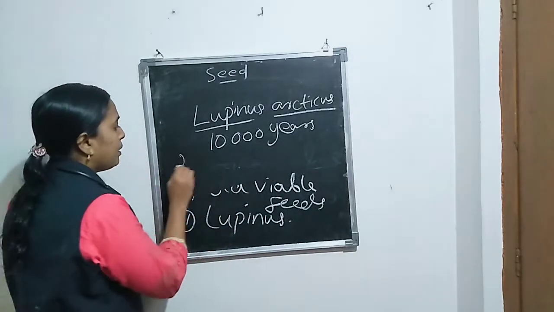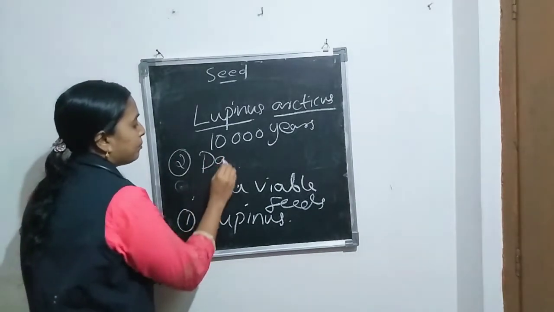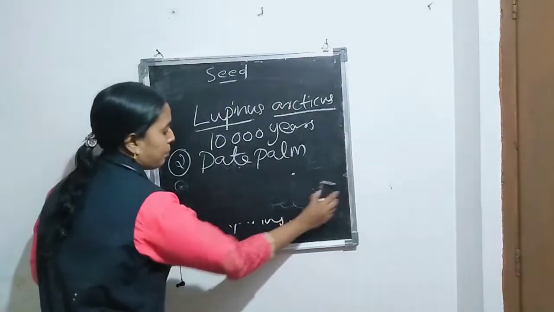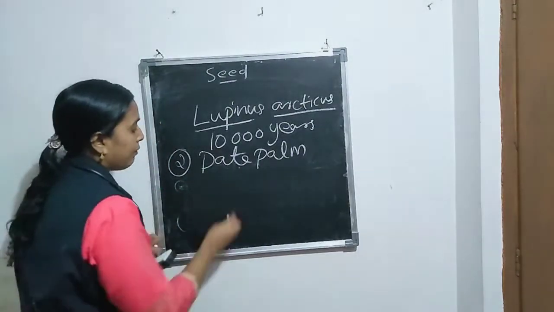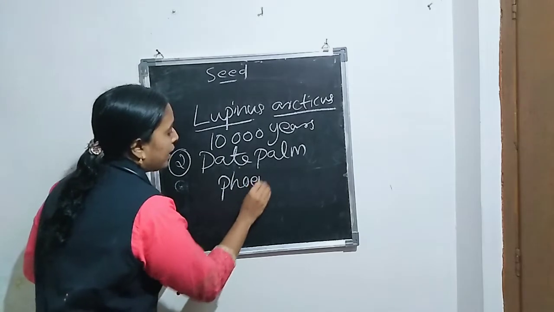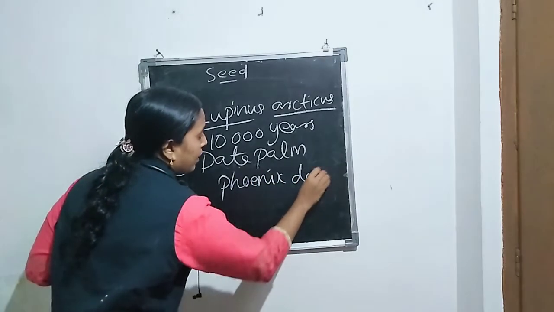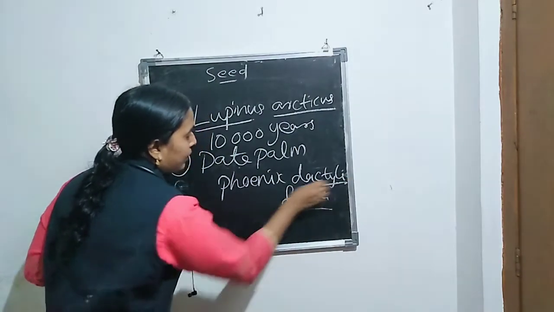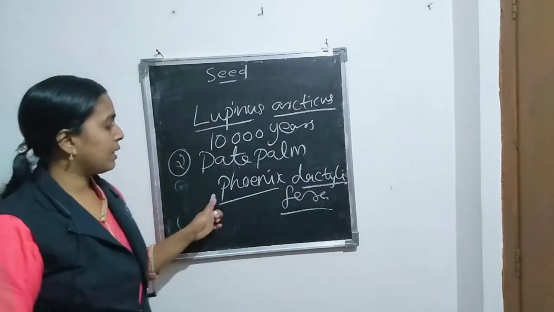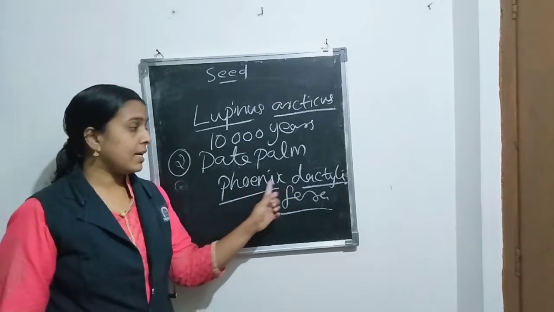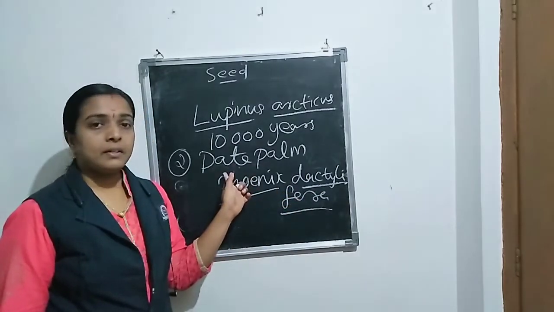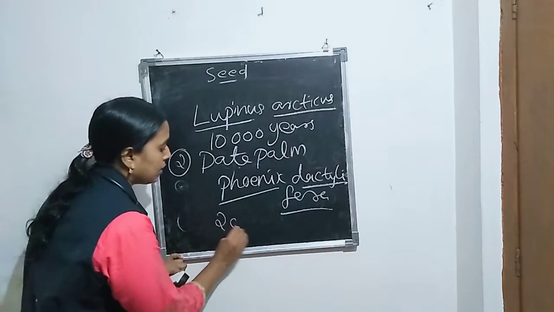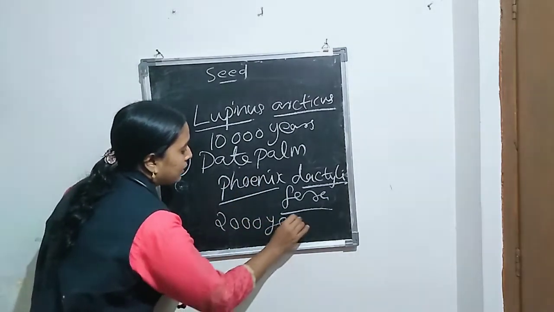Then the second example is the date palm. The scientific name of date palm is Phoenix dactylifera, a species of date palm that shows 2000 years of viability.